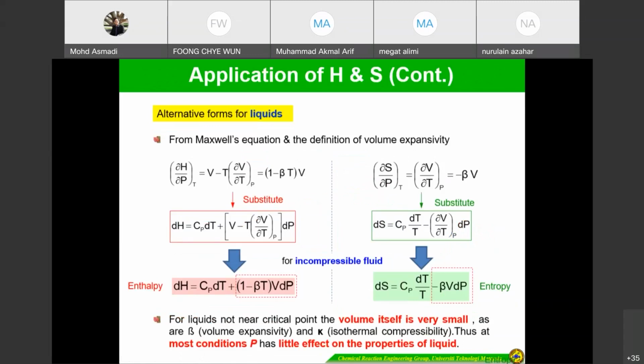This one is for the liquid. Similarly, for the incompressible liquid, it is actually very small compared with the gas, because it does not change with the volume, right? For the liquid, if you look at here, they also have some additional equations or parameters for both equations.